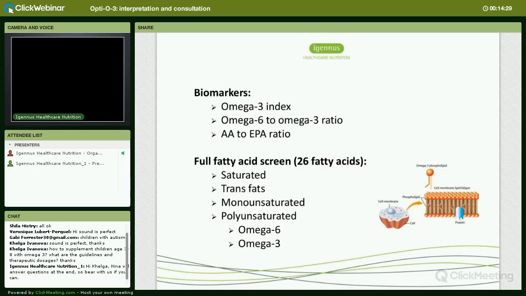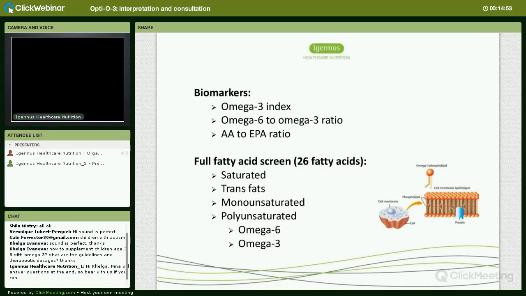And this is in part because when we look at the omega-3 index, it's expressed as the EPA and DHA content of our red blood cell membranes, expressed as a percentage of the total identified red blood cell fatty acids. So the more you screen for, or the less you screen for, it's going to have an impact on your omega-3 index.